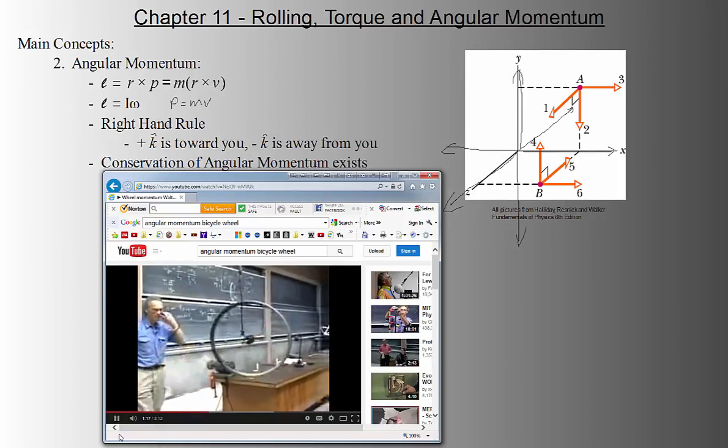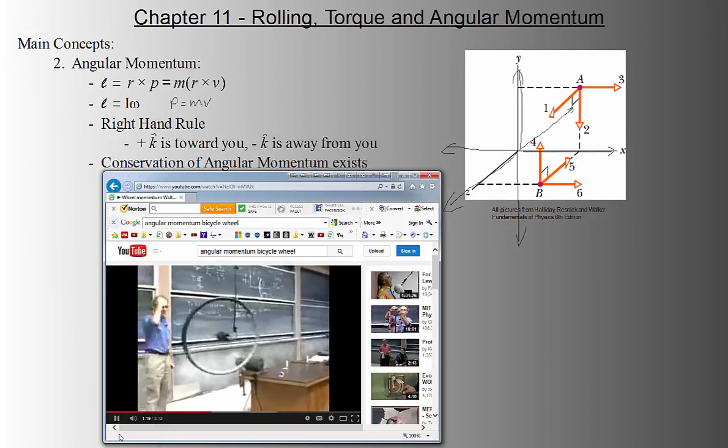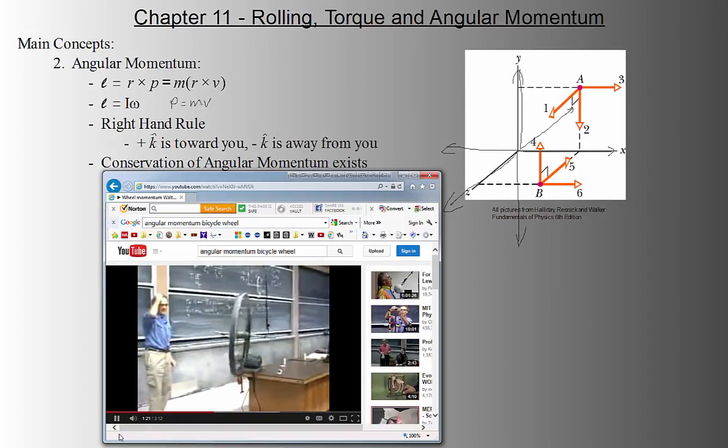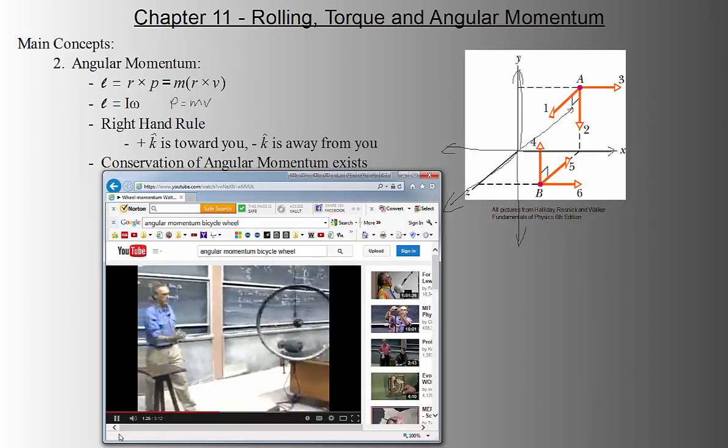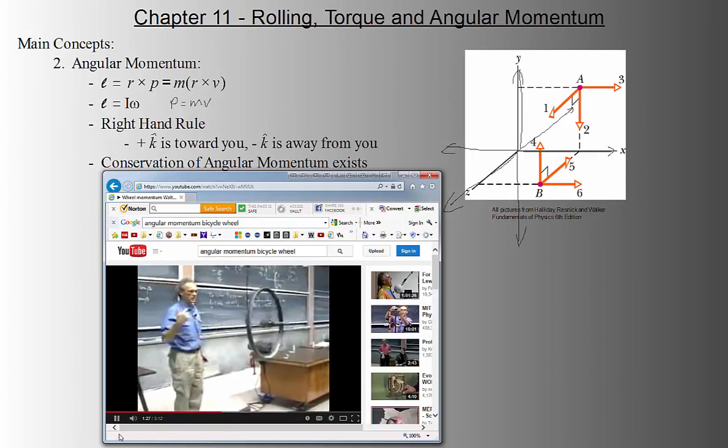There it goes. About 10 seconds. Isn't that amazing? And it rotates seen from below clockwise.